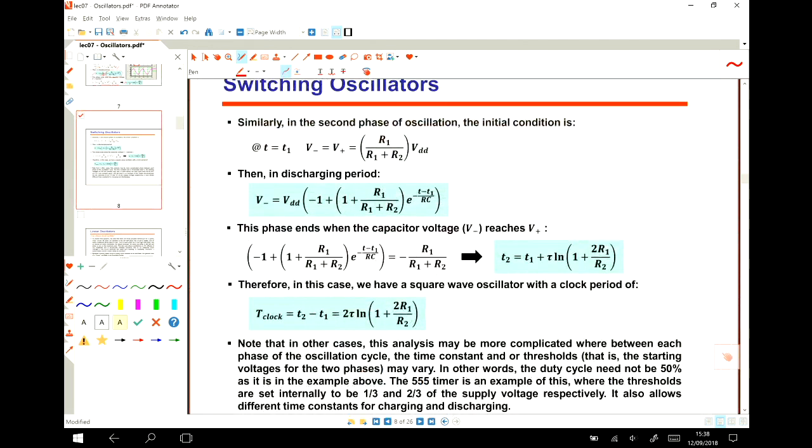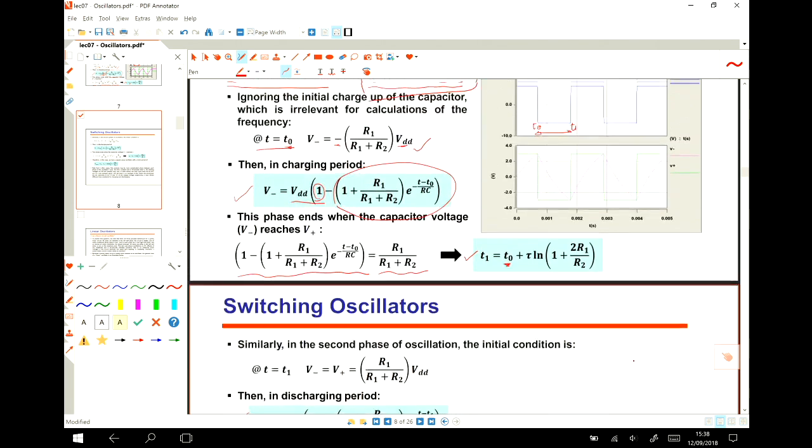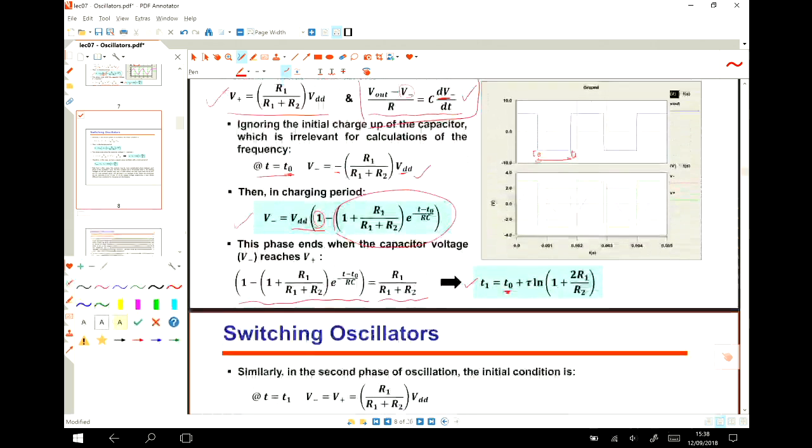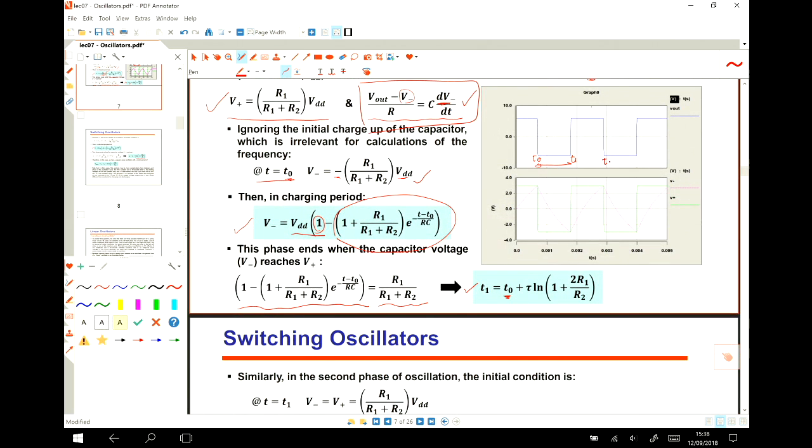Again, if you solve that differential equation, you will reach this formula. And if you equate these two equations, we will find that after this amount of time, the discharging is finished. So this one here is T2.